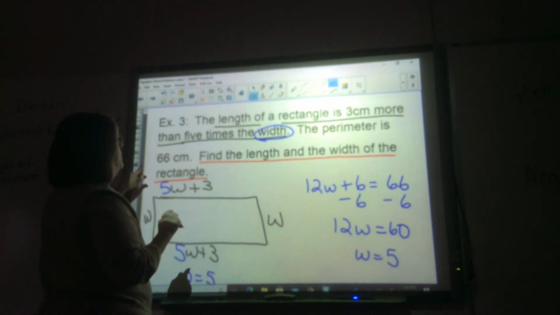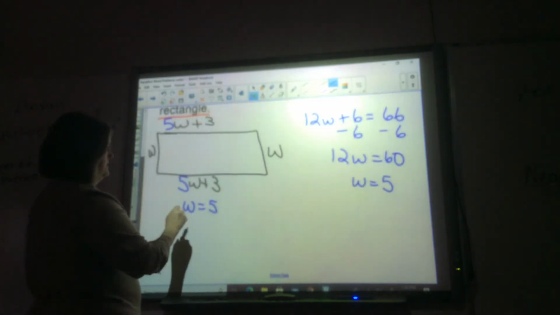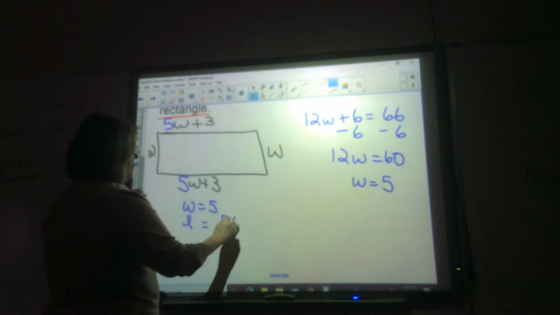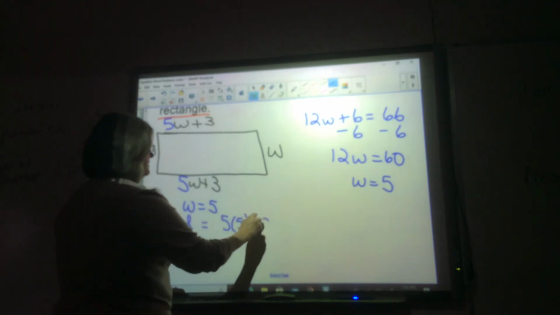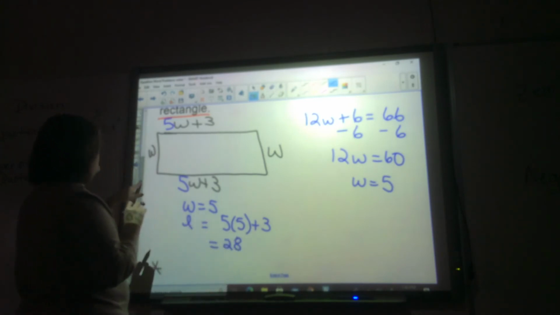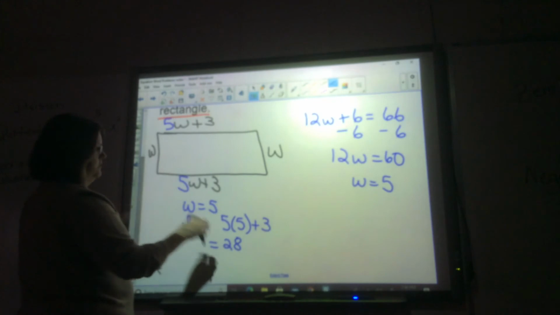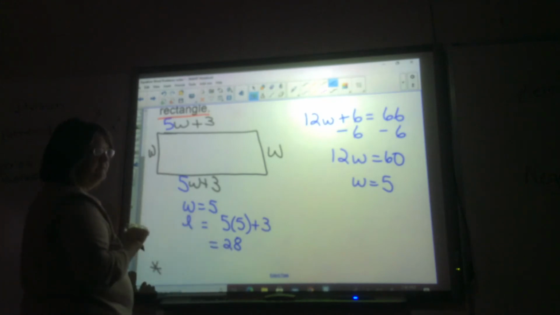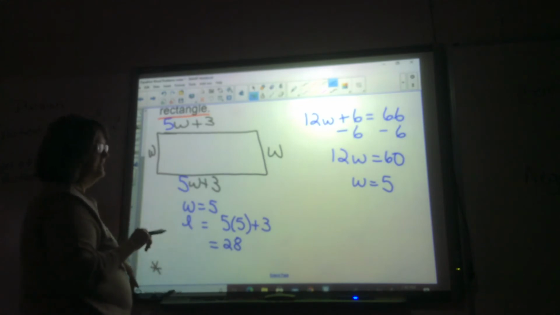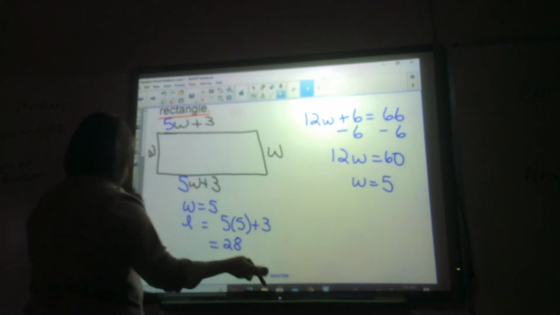It says it's 3 more than 5 times the width. So my length is going to be equal to 5 times 5 plus 3, which is 28. Now, you want to see if it checks. 28 plus 28 is 56. And then 5 plus 5 is 10. And 56 and 10 is 66. It checks.